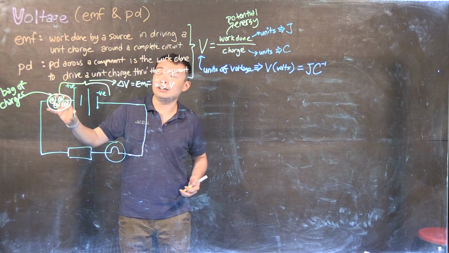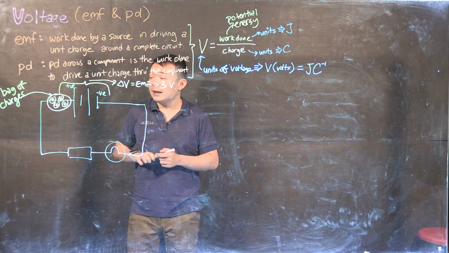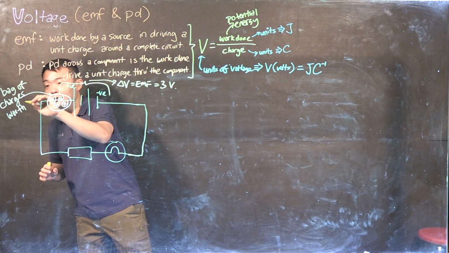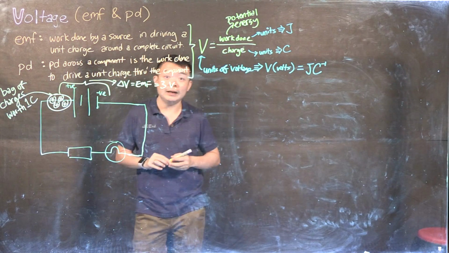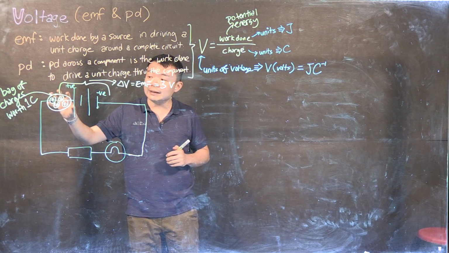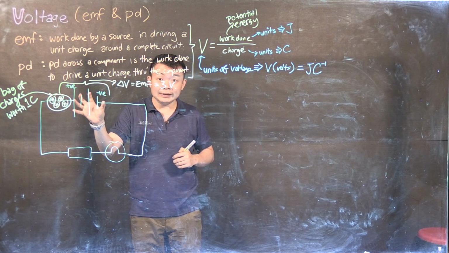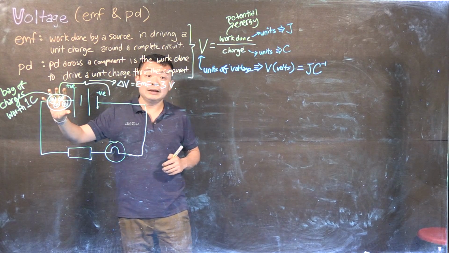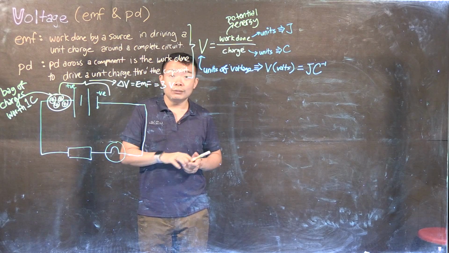So we have this bag of charges, and say this bag of charges is worth 1 coulomb. What happens is the battery would have provided this bag of charges 3 joules worth of energy.